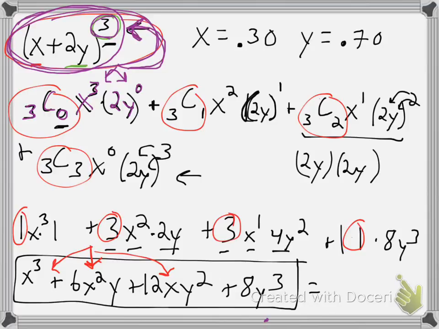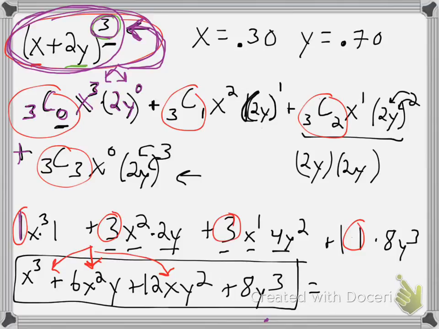And so next in line would be 3C1, because after 3C0, the next logical step is 3C1, times x squared times 2y to the first. Then we do 3C2 times x to the first, 2y squared. And then finally we have down here plus 3C3 x to the 0, 2y cubed. And now we just need to simplify this, which is what I did down here.